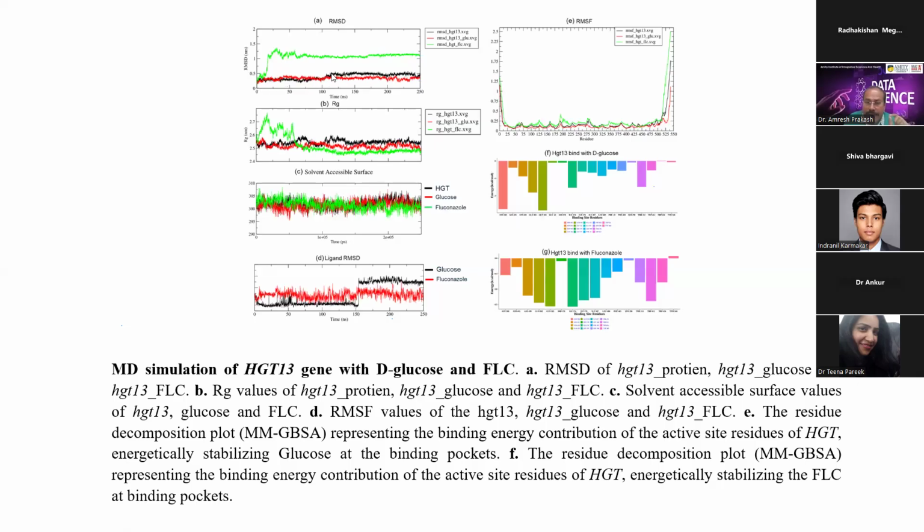But this change is happening, and after that it again becomes parallel to the x-axis. What this interprets is that up to 100 nanoseconds the protein was in one conformation, which is also stable. After that, from 125 to 250, it is getting another conformation.